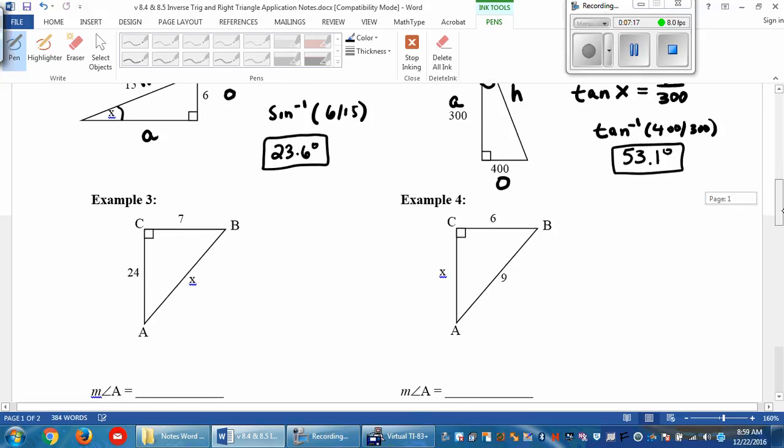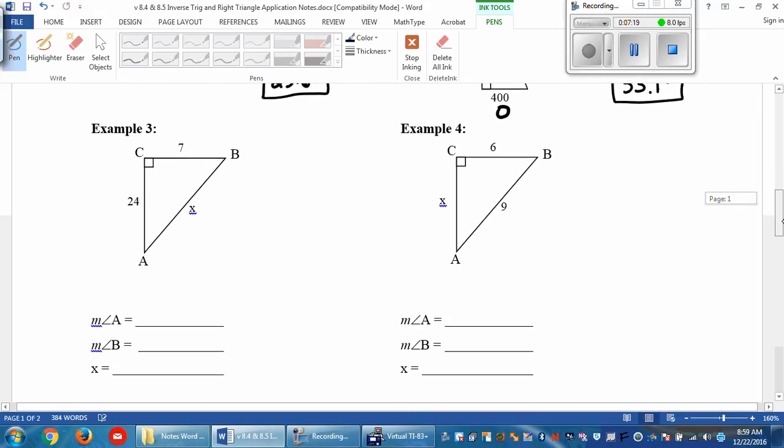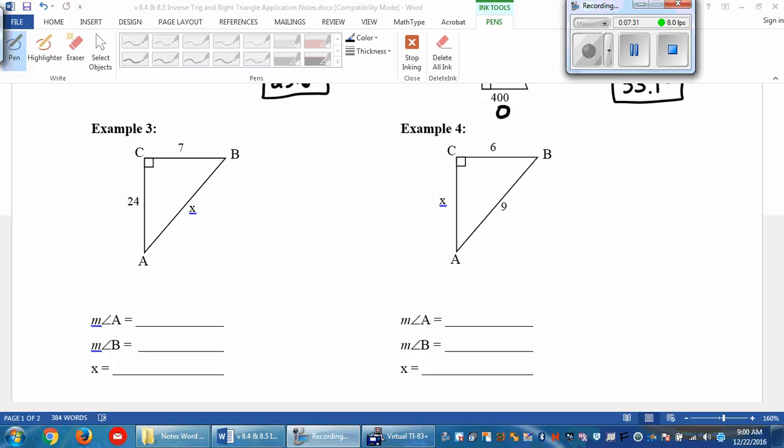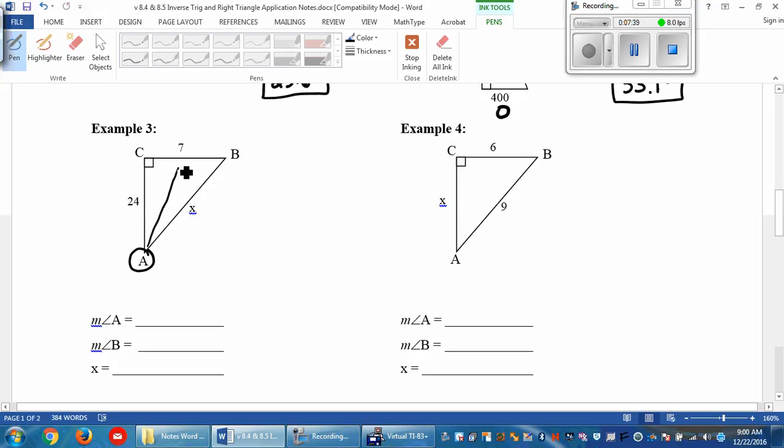Okay. Next example, it looks like we are trying to find two angle measures and a side length. So let's choose a letter that we want to start with. If we chose A here, from A, the opposite side is 7.